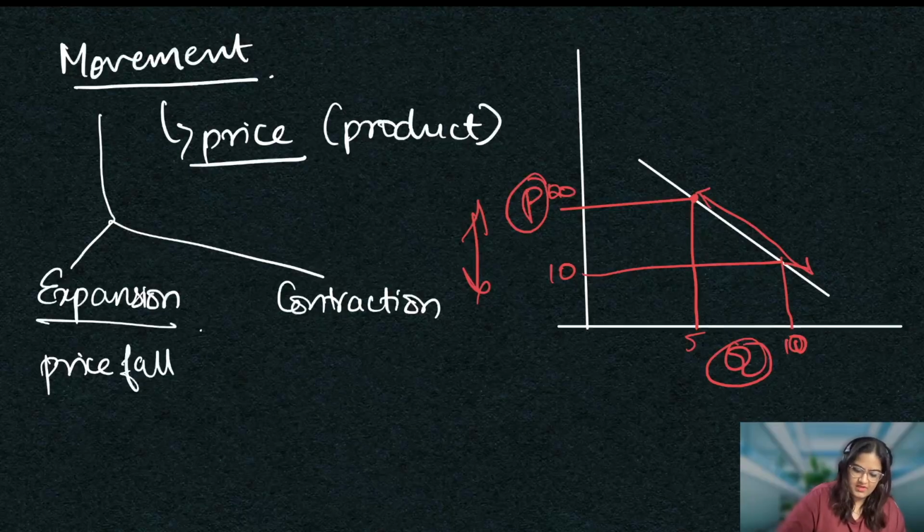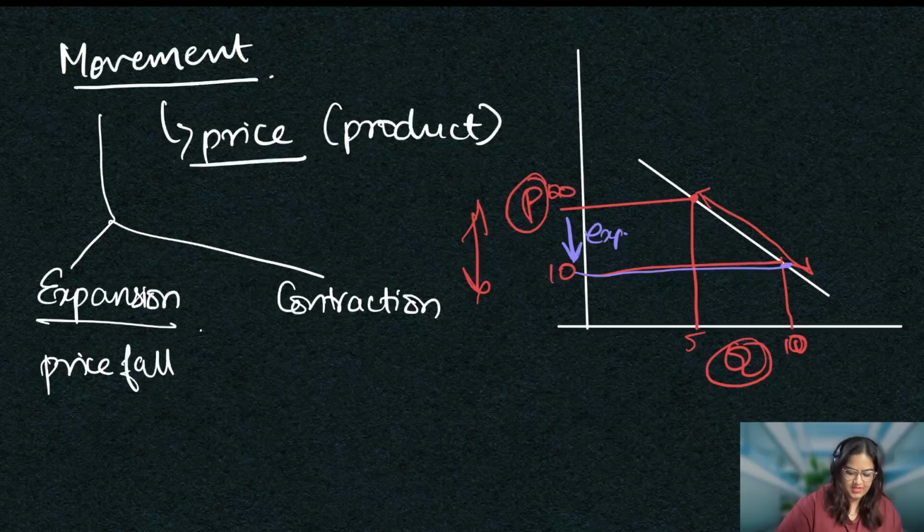That is, when the price reduces, this is expansion of demand. Your demand is increasing. When the price falls, your demand increases, you will move rightward and downward on the curve. That right and downward movement along the demand curve is called the expansion of demand.